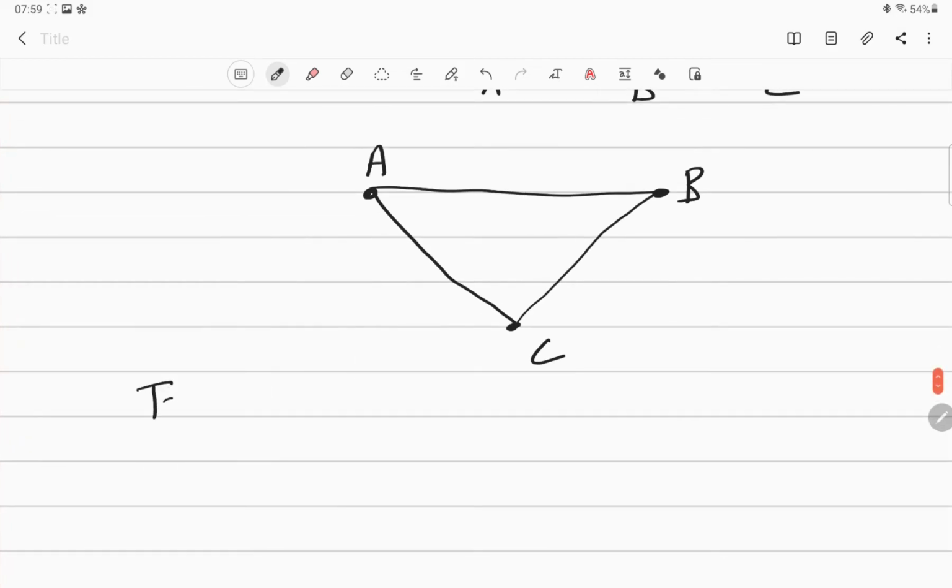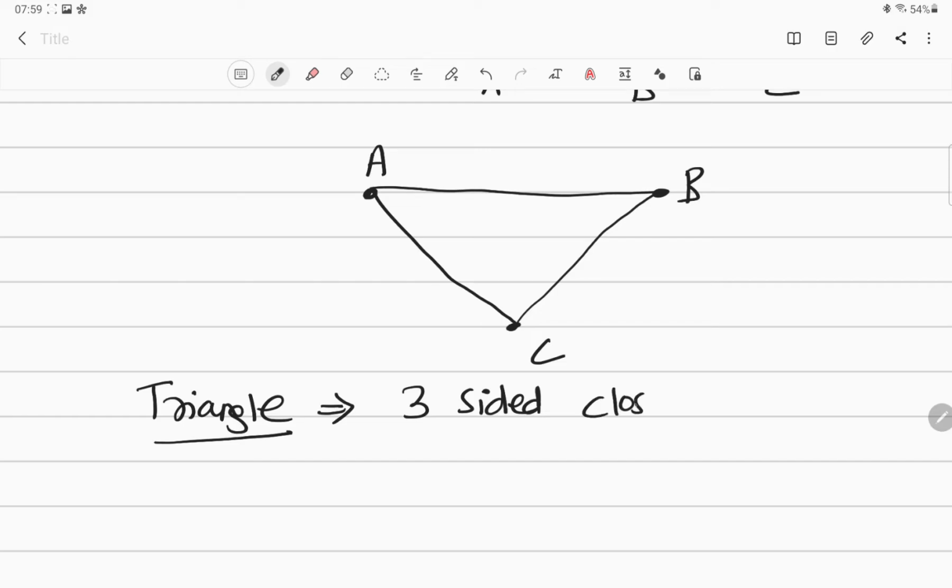So what is a triangle? By the proper definition, a triangle is a three-sided closed figure formed by three non-collinear points.